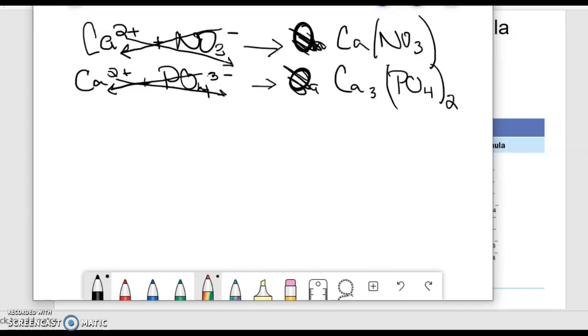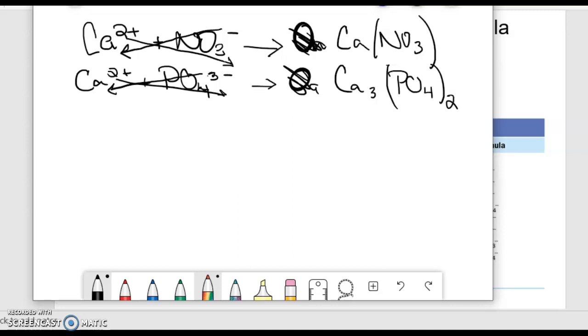All right, let's try one with carbonate, and how about a transition metal? Let's think of a good one. Let's try, well, this one's kind of easy.